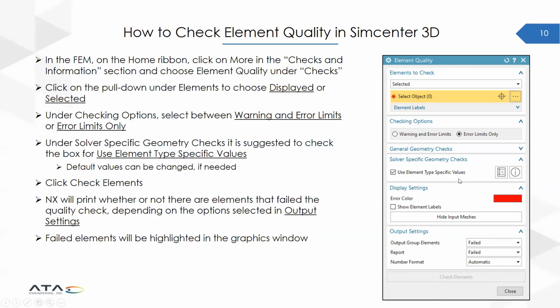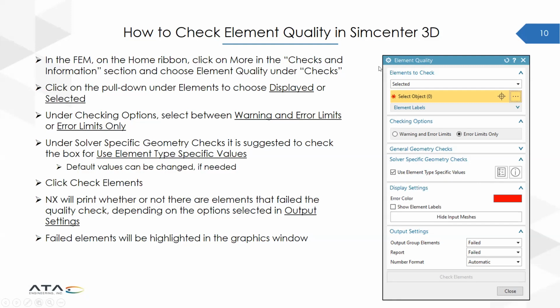The reason for this is to have Simcenter better match the solver element quality checks, because with the general geometry checks for Simcenter, it can be a little bit ambiguous what exactly the software is checking for element quality. By checking this box, you have more manual control of what you're checking. And you can change these values by clicking on this little taskbar button on the right here.